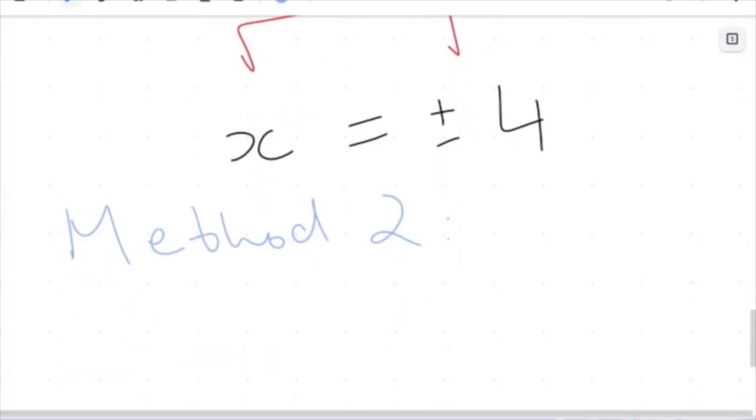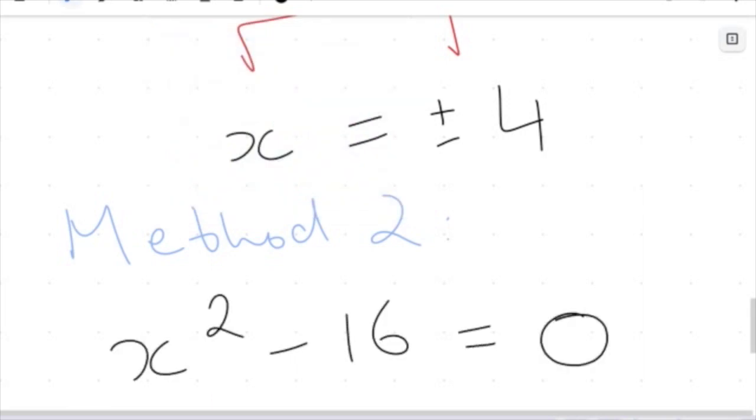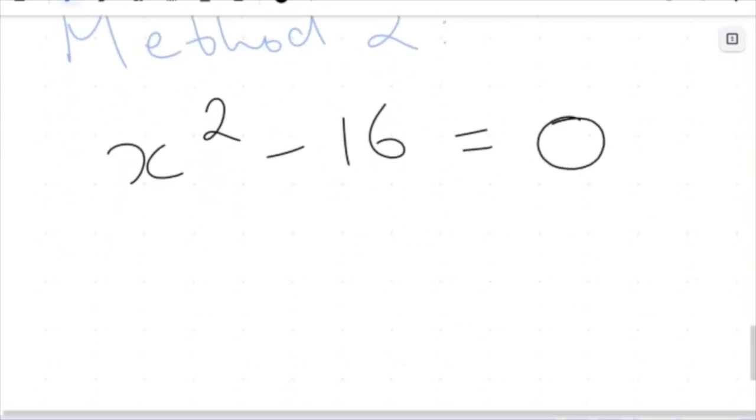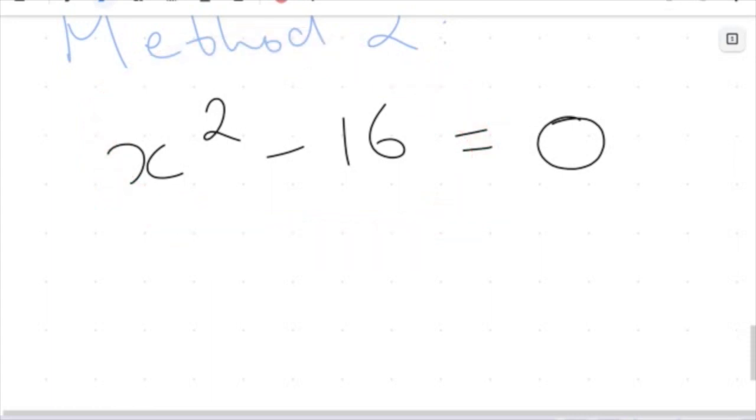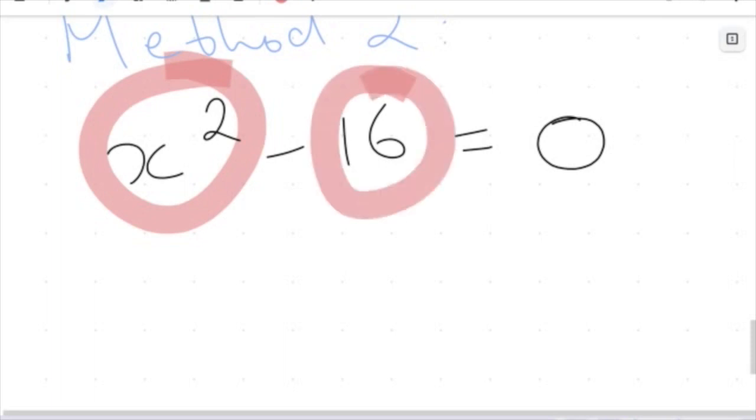Now, if I rewrite my question here, x squared minus 16 equals 0. This guy on the left is a difference of two squares, because x squared is a perfect square and 16 is also a perfect square. I get 4 multiplying by itself to give me 16.